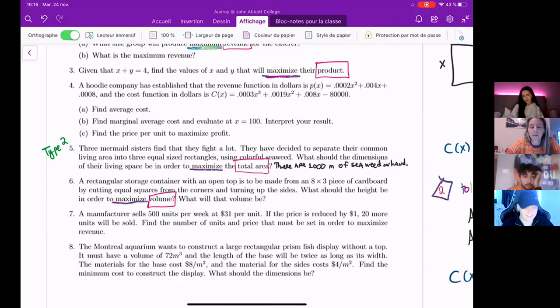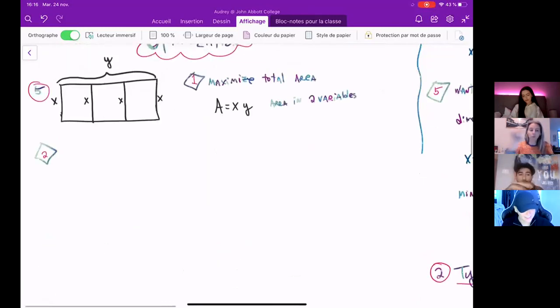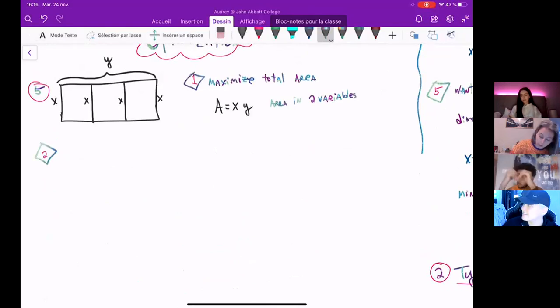You got it. I haven't used the 1,000 meters of seaweed. What they're doing is putting seaweed around this whole thing. So here's what I know that I haven't used yet: there are 1,000 meters of seaweed to cover all of the lines that we see up there.